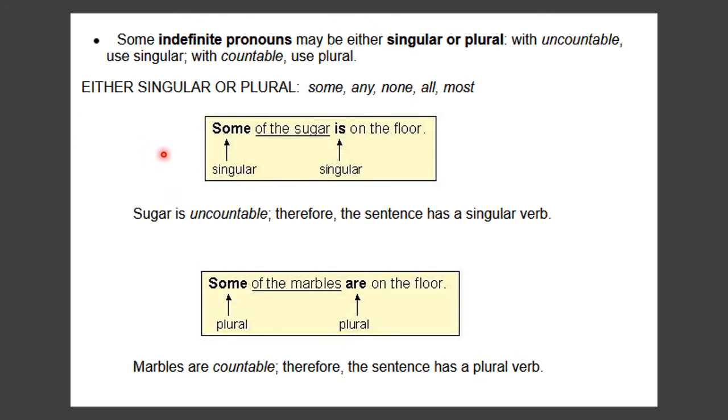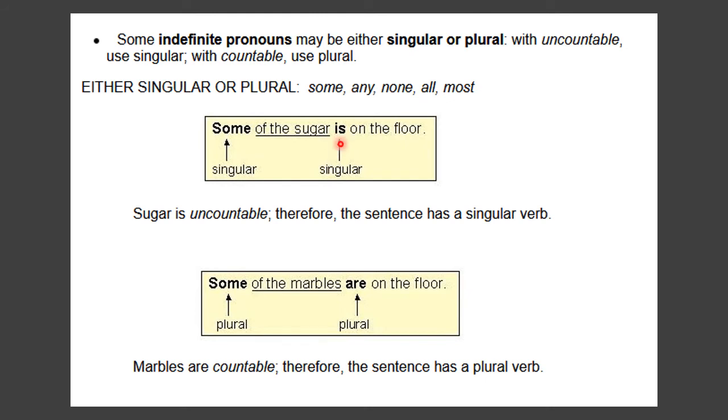But some of the words can be special cases, like just now, neither the director nor the actors are following the lines closely. This one is similar to the situation where "some of the sugar is on the floor," because sugar is uncountable. All uncountable nouns are considered singular, so you use the verb "is."